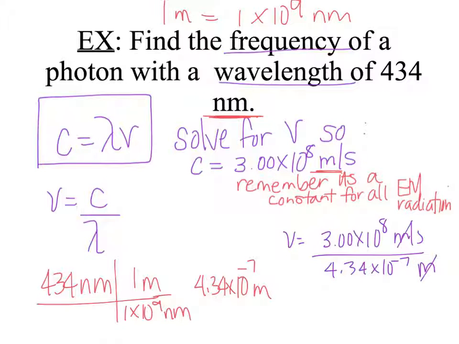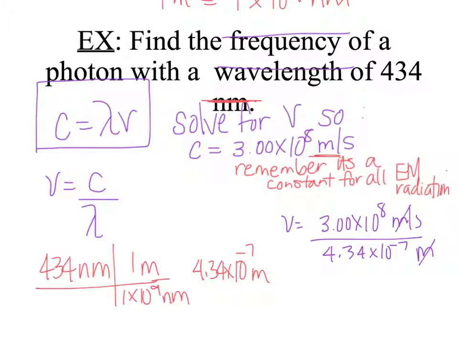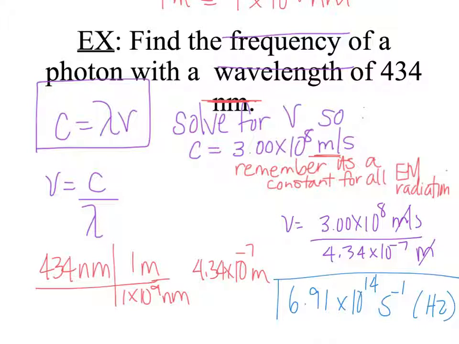Again, pause and use your calculator and see if you get the right answer. So what you should get is 6.91 times 10 to the 14th second minus 1, which remember is the same thing as a hertz. And that is your final answer.